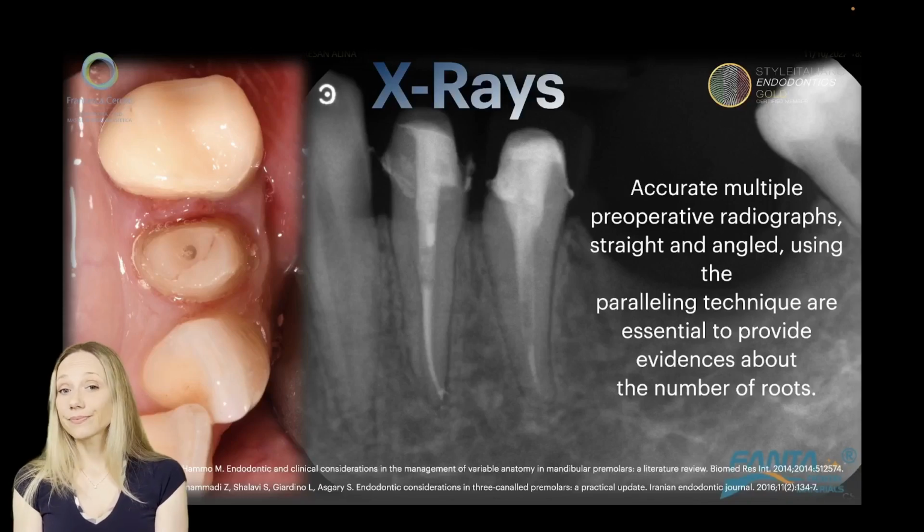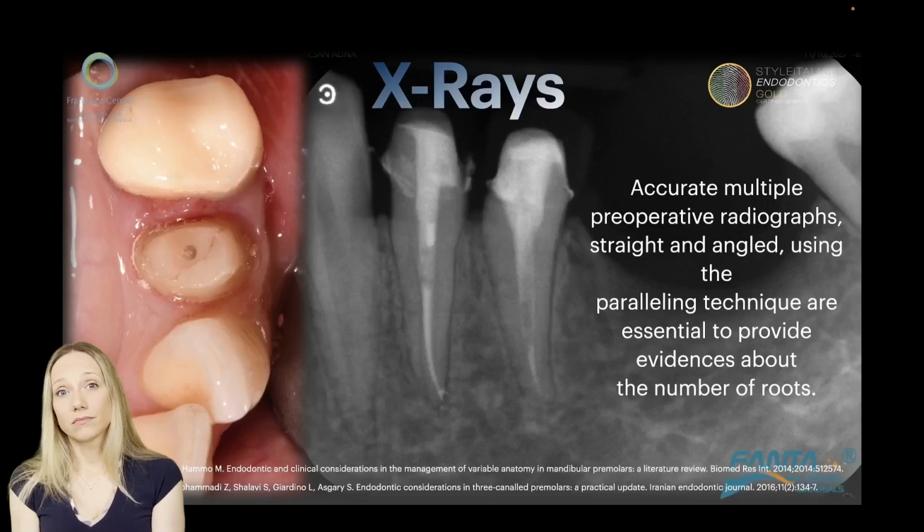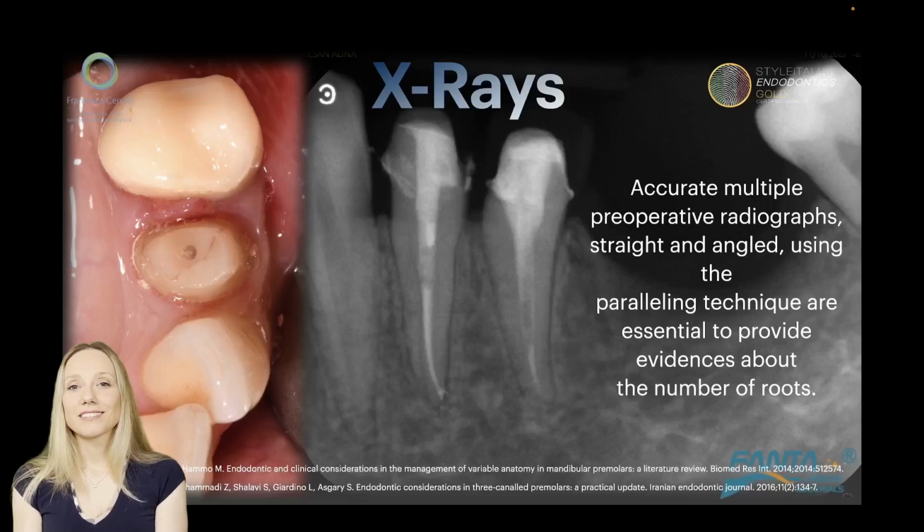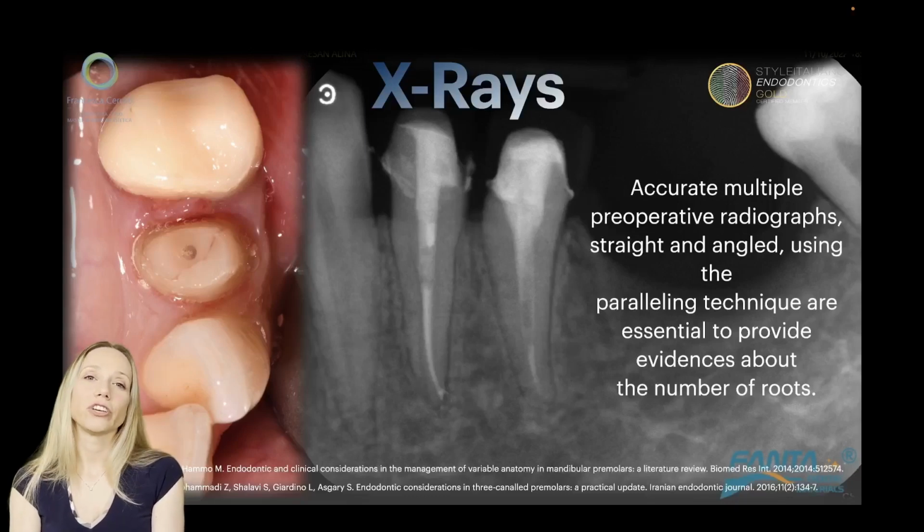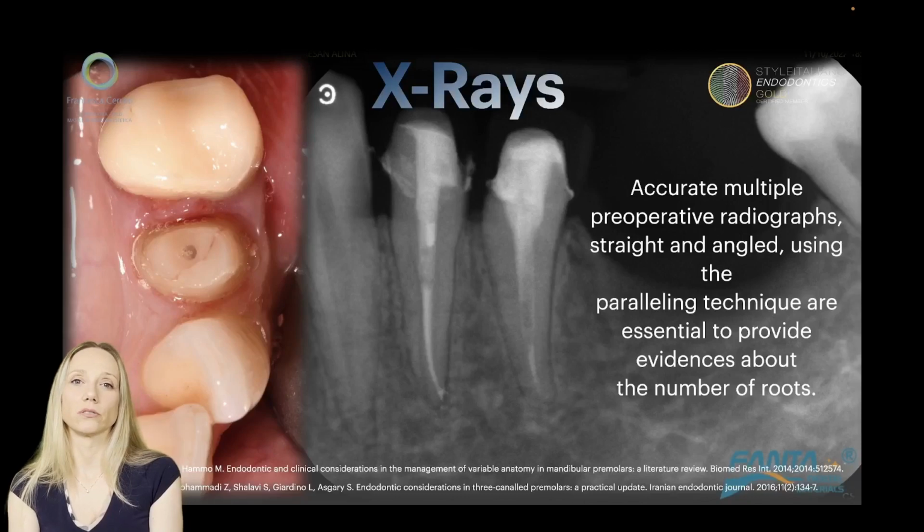And in this case, for example, I didn't need to take a differently angulated radiograph because first I saw a strange profile of the root of the first lower premolar. This patient was treated by a colleague, and since the day of the treatment she has had pain to cold and to percussion.